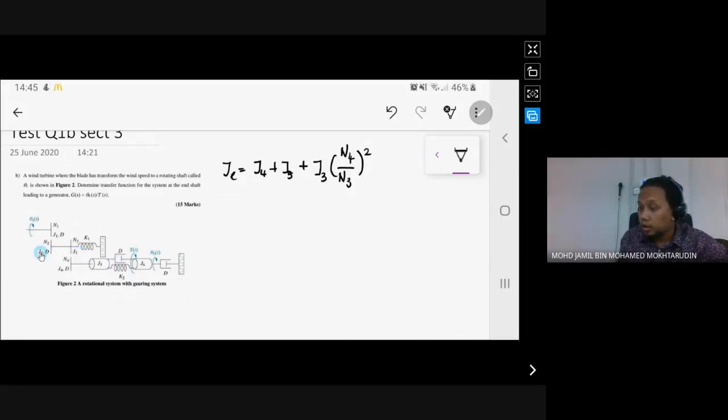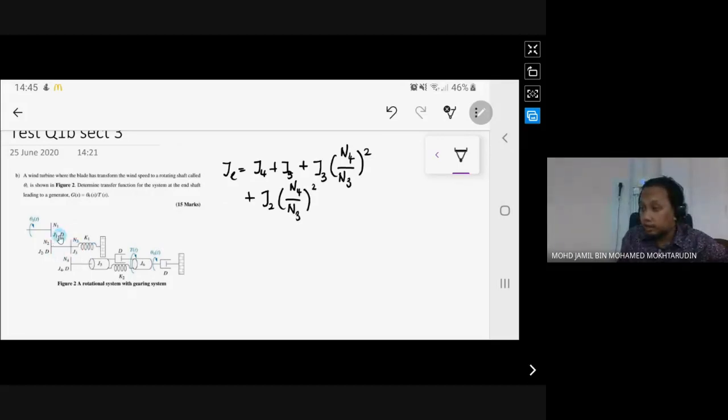And then J2 here is on this shaft, so you need to multiply with the gear ratio on this gear. So it also multiplies with N4 over N3. So plus J2 times (N4 over N3) squared.